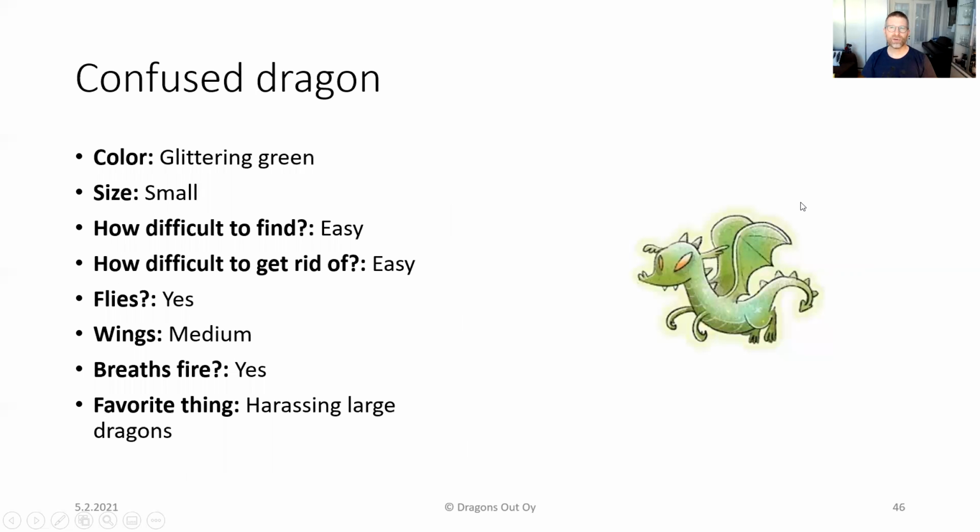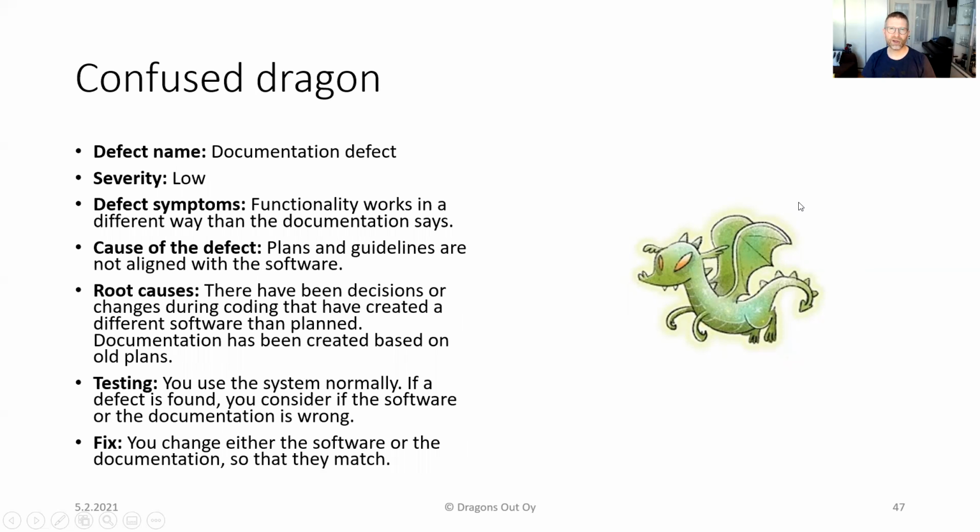Then we have confused dragons as well. Quite small, harassing large dragons, easy to find, easy to get rid of. They fly around. The confused dragons represent documentation defects. That means the documentation, for example a user manual, says that the software works in a certain way. But how the software works is not like that.